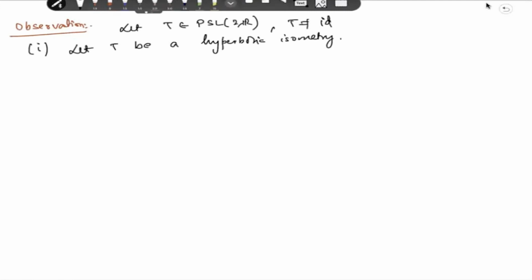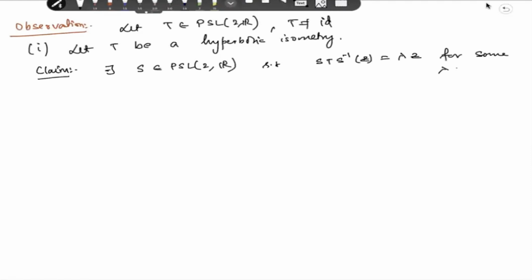The claim is that there exists an orientation preserving isometry S belonging to PSL2R such that S T S inverse of Z is equal to lambda Z, for some lambda not equal to 1.